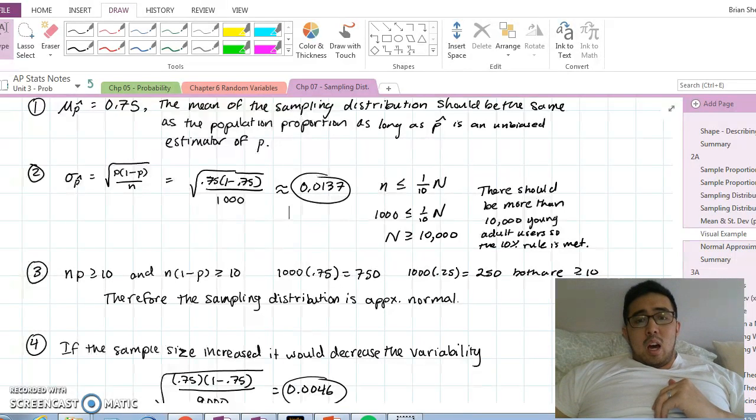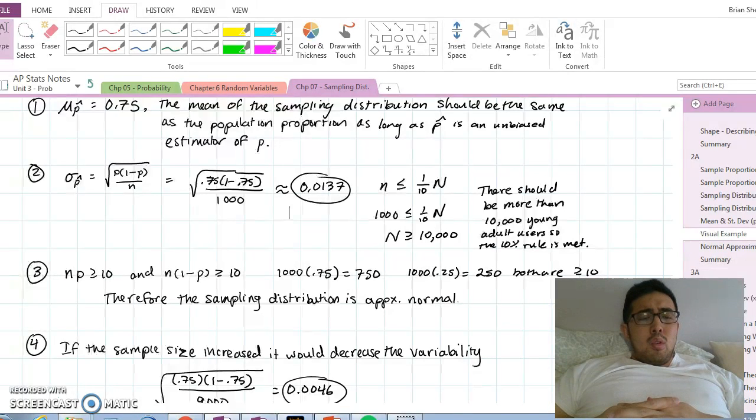So n must be less than or equal to 1/10 of big N. There are 1,000 within my sample of young adult users, and so there should be more than 10,000 within the population. Since that should be true, then we're okay.